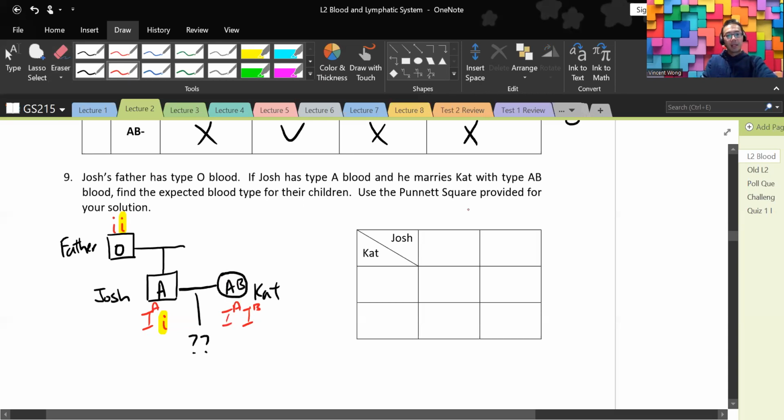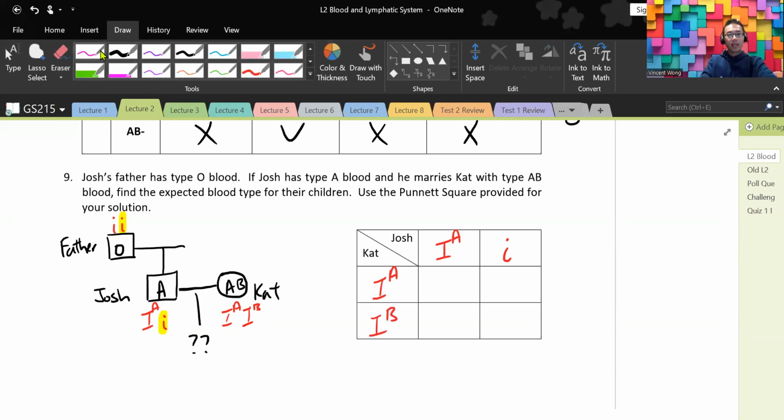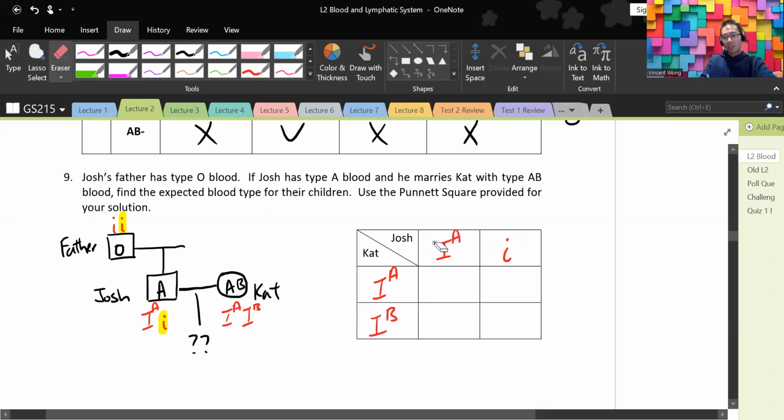Okay. So if Josh is IA little i, then when he makes the sperm during meiosis, the chromosomes separate, and half of his sperm would carry the IA allele, while the other half will be carrying the small i. And for Kat, half of her eggs will carry the IA allele, the other half would be IB. So when you do the Punnett square, when this sperm fertilizes this egg, the kid would be IA.